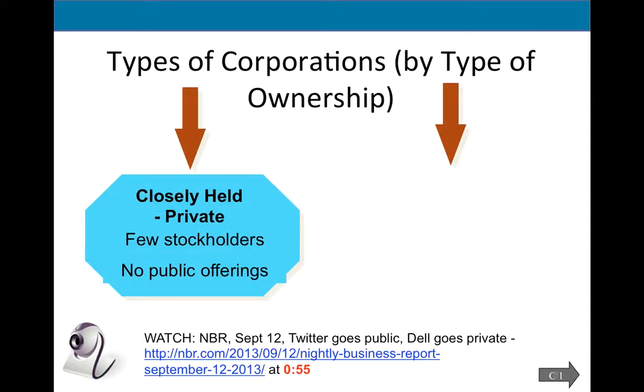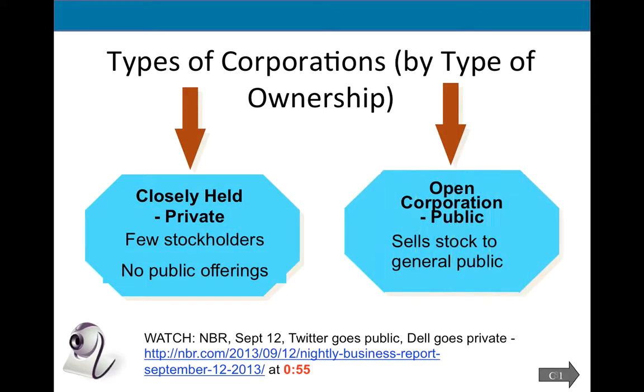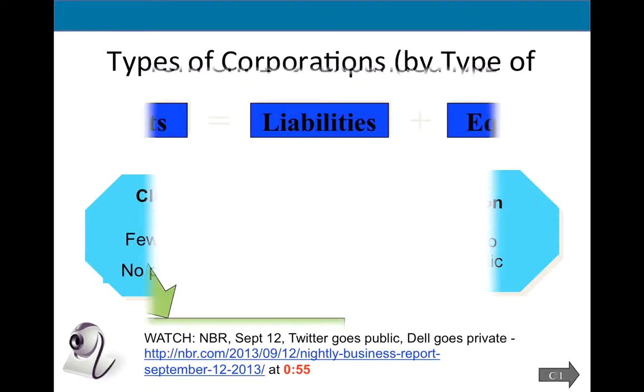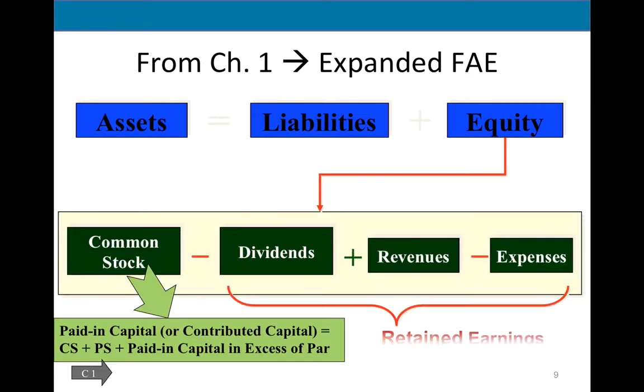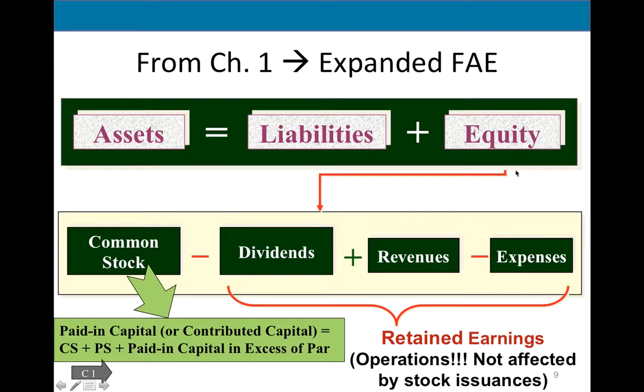So there are privately held corporations and public corporations. We're mostly covering public corporations in this class. And so this is from chapter 1, right? We're talking about equity, and equity includes 2 components. One component is capital that is paid in by the investors.